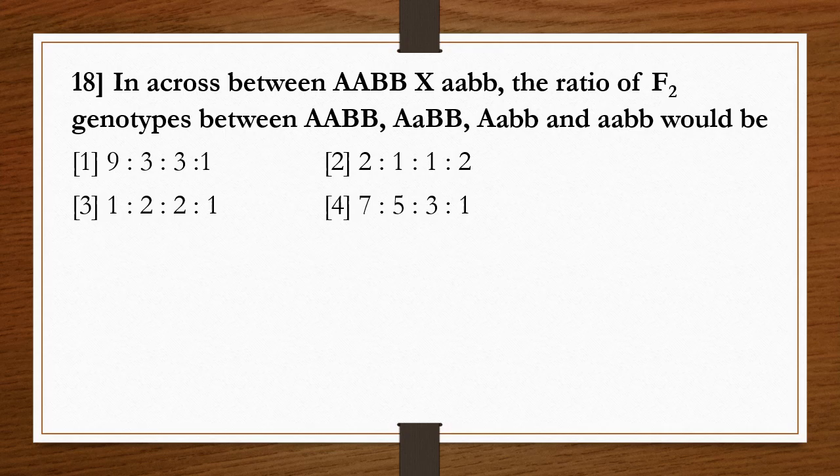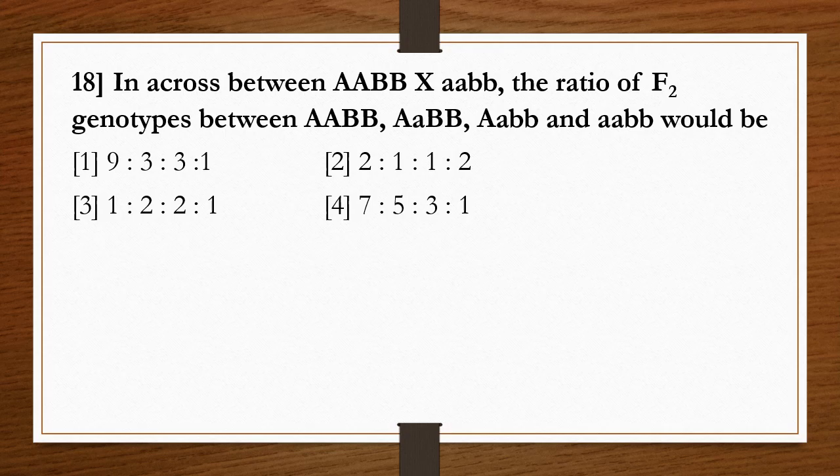In a cross between AaBb and aabb, the ratio of F2 genotypes between AABB, AaBb, Aabb and aabb would be: options 1. 9:3:3:1, 2. 2:2:1:1, 3. 1:2:2:1, 4. 7:5:3:1.